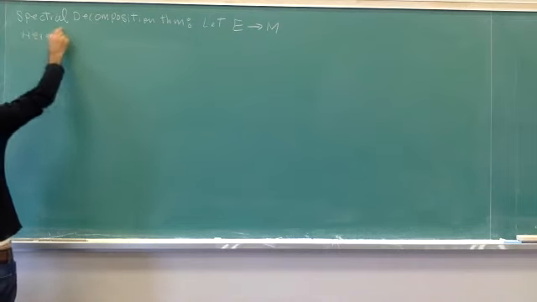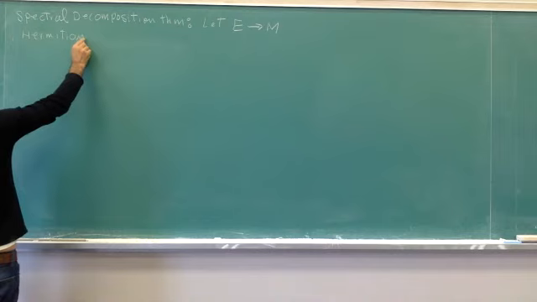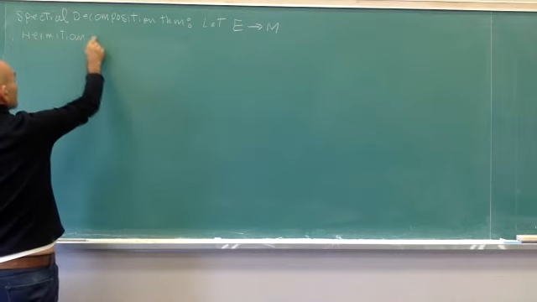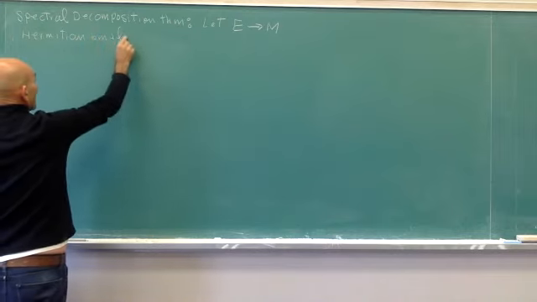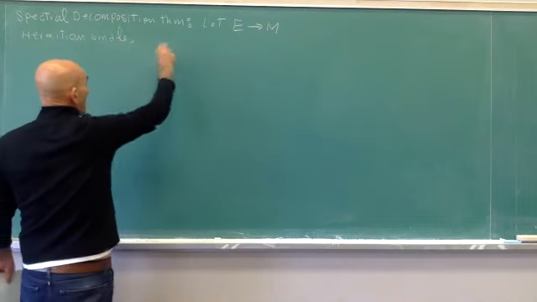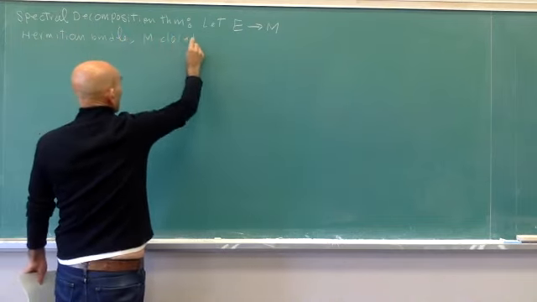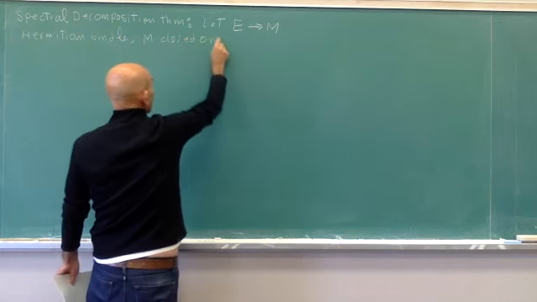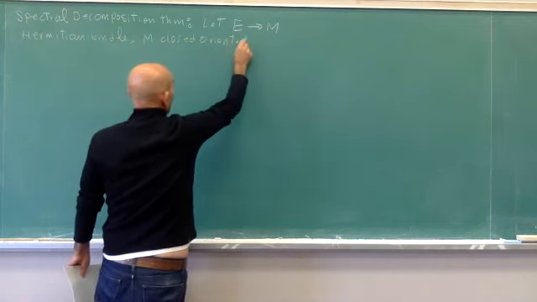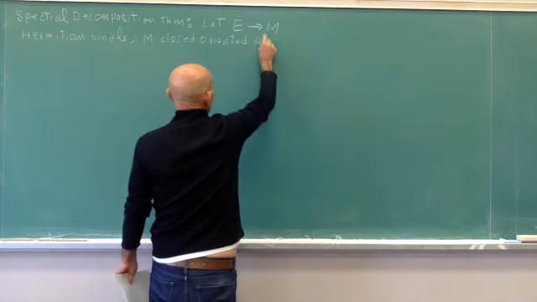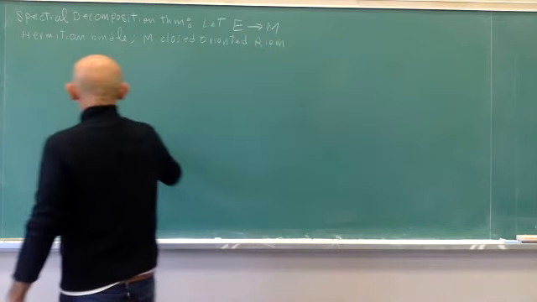So we just fix one smooth Hermitian vector bundle over M. This M is a closed, oriented Riemannian manifold.